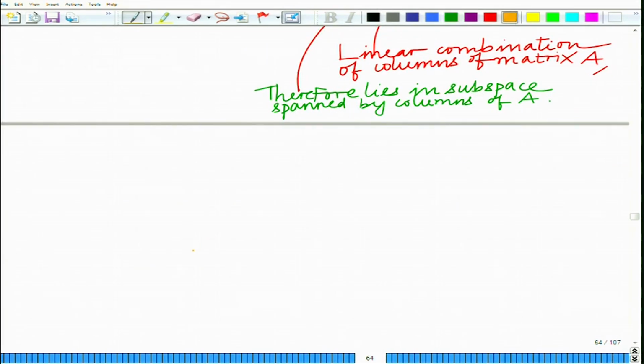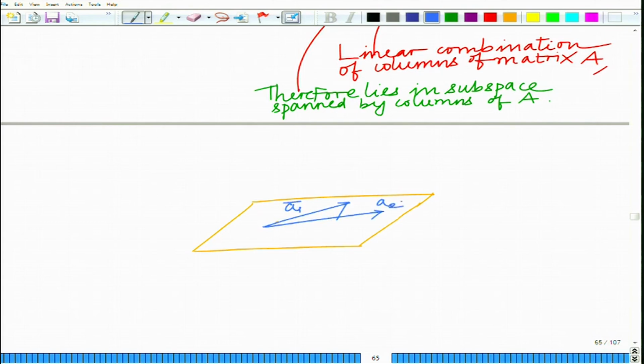What you have over here now, to represent this pictorially, if you take, let us say, this plane, remember a subspace, a plane is nothing but a subspace. So, let us say you have the subspace which is spanned, just to give you an idea I am representing the subspace by a plane.